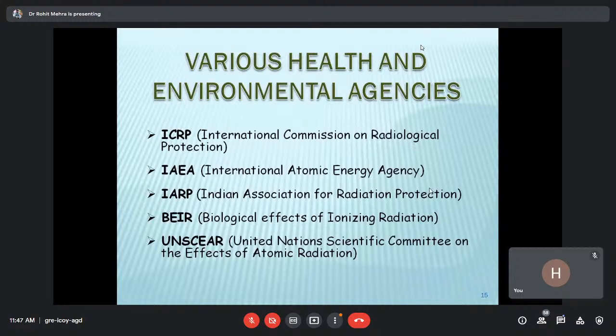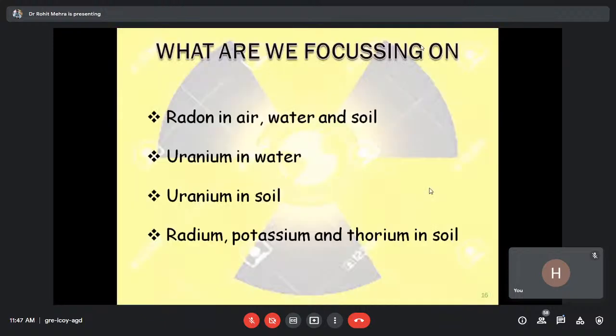Even WHO is there also, who are working in these areas, and they are deciding different permissible limits for air, water, and soil, that what should be the contamination limits. So what we are interested, we are focusing on the radon in air, radon in water, radon in soil, uranium in water, uranium in soil, radium, potassium, and thorium in soil.